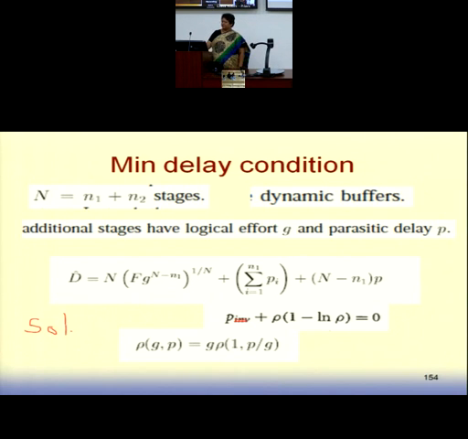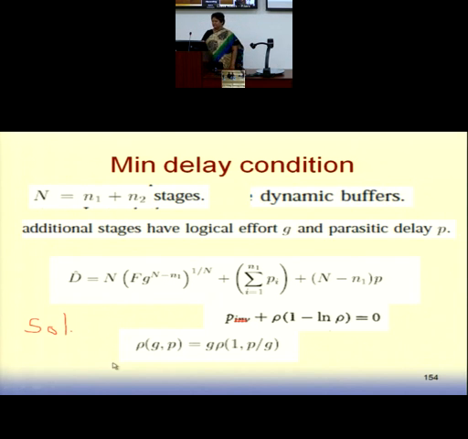So the best stage effort he is getting, which is a function of G and P, he is writing it as G times rho(1, P/G). Why is he making this transformation? Rho is the best stage effort. Remember, for any G and any P, he is converting it for G equal to 1.